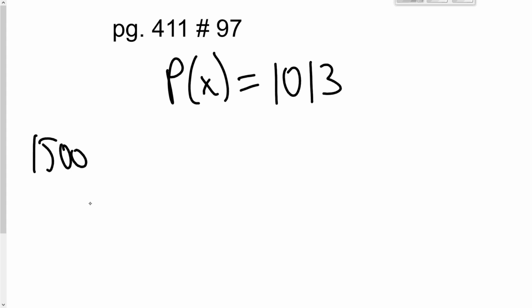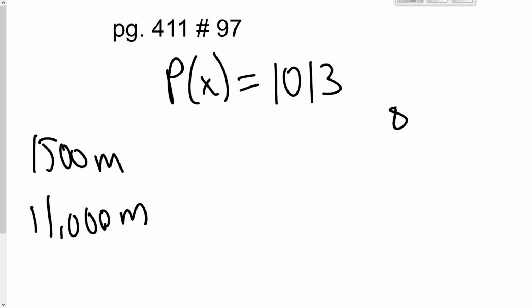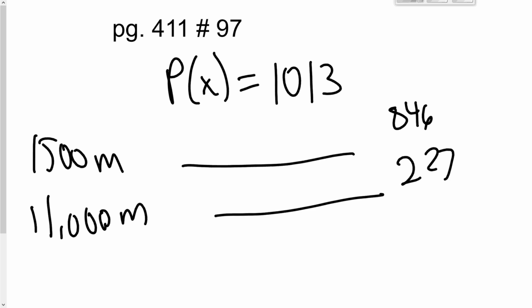You're going to find out how much pressure it would take given an altitude of 1500 meters and then 11,000 meters, and then you're going to compare that to plugging in your pressure of 846 millibars and 227 millibars, and see if these two relate to each other or if these two relate to each other.